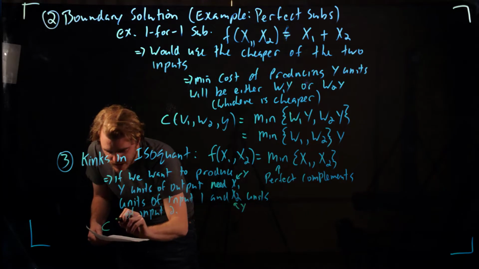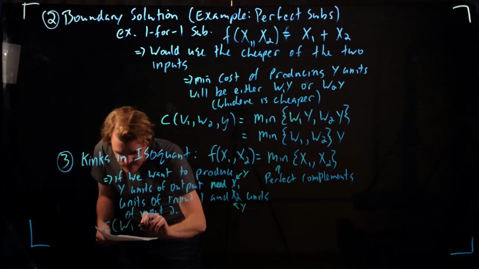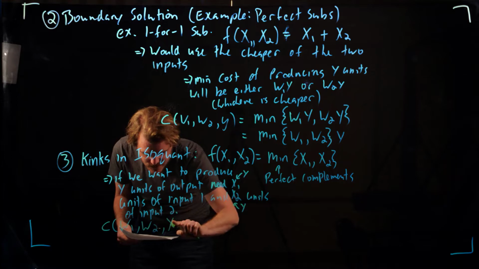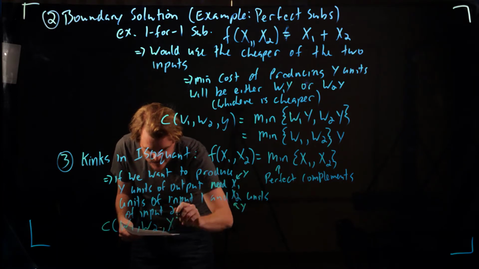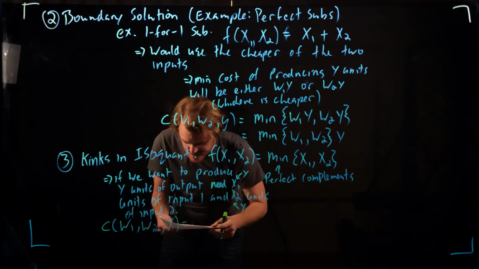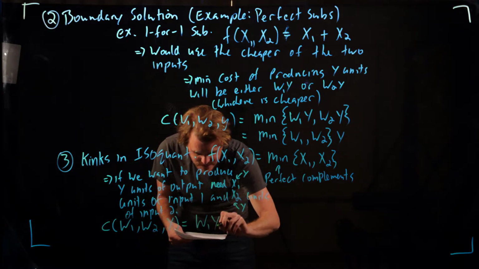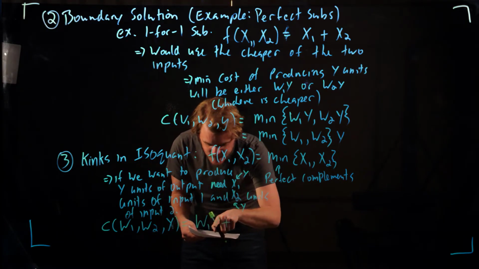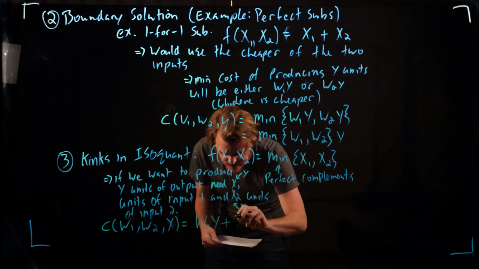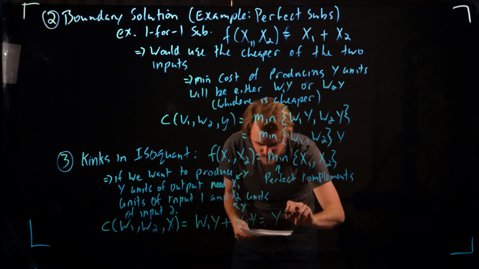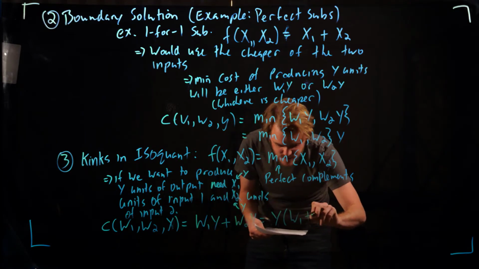Now our cost function, which again is a function of the cost of each of these inputs and how much we're producing, is just going to be W1 times Y, because we need to use Y units of input 1, plus W2 times Y, which is the same thing as saying Y times (W1 plus W2).